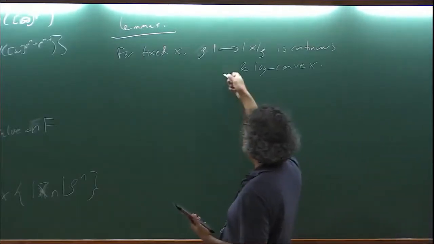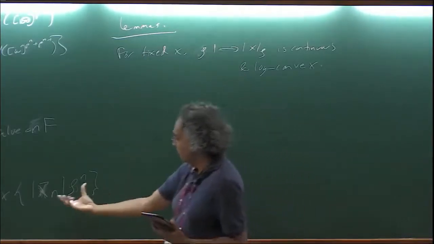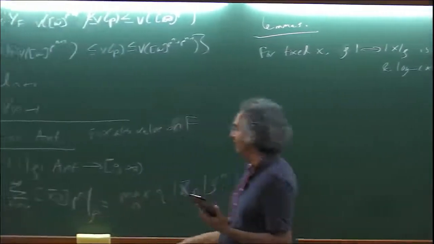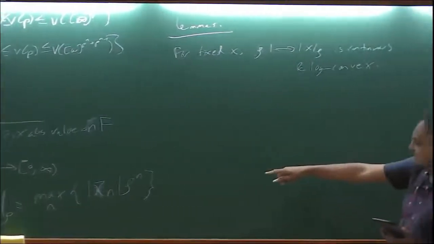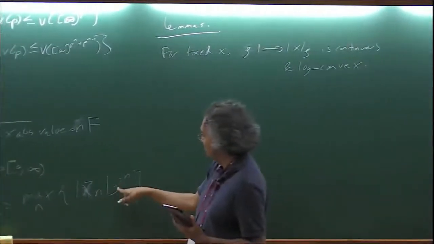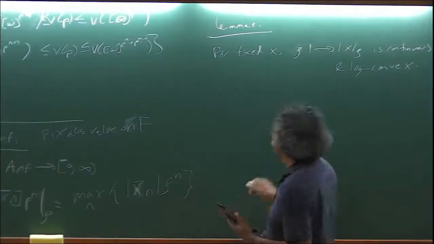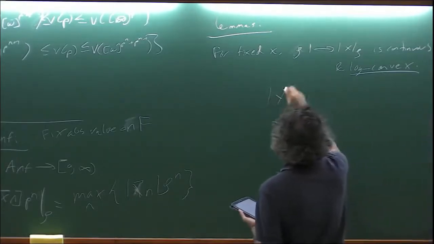I claim the proof of this is basically trivial. Why is that true? Well, suppose you had a single term here, then this would certainly be true, just because you would just be varying rho in here. And so this log convexity would be trivially true if you had a single term, but because you're taking a max, maybe I should just write the inequality here.